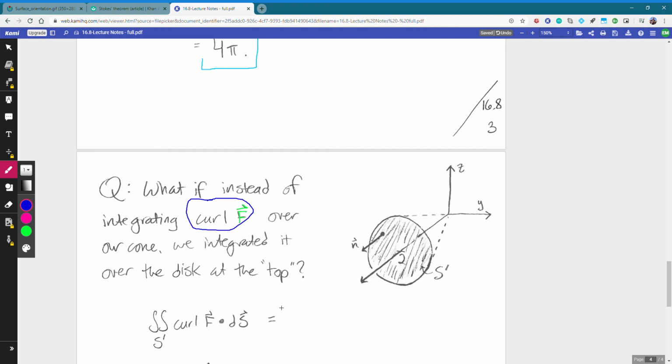I claim we can see what we would get if we integrated the curl of our vector field over this new surface. Pause the video and see if you can think through what we're going to get and why.